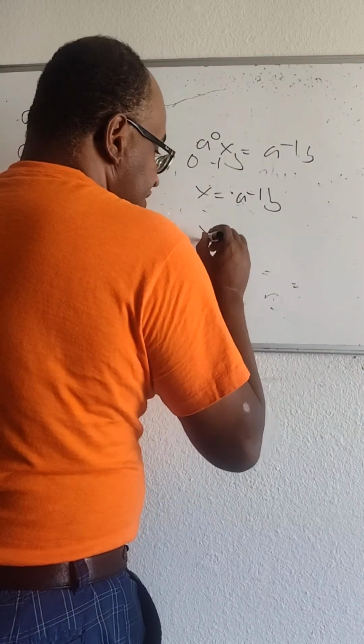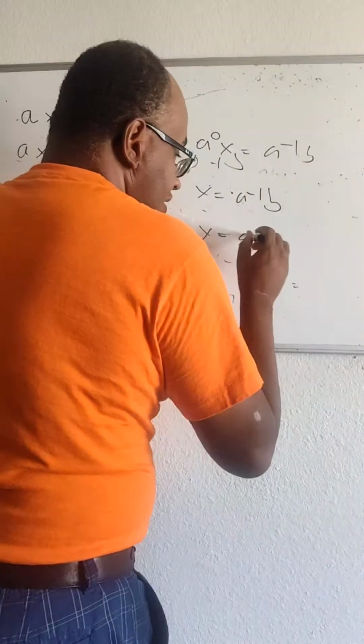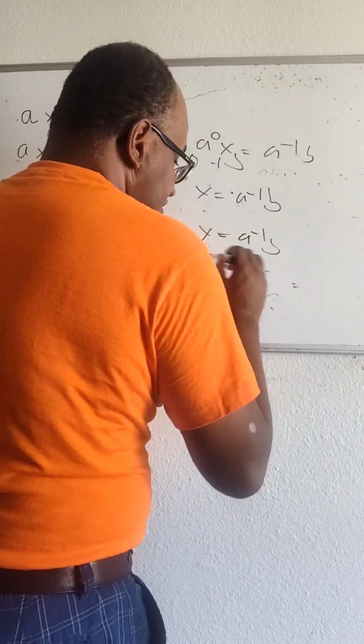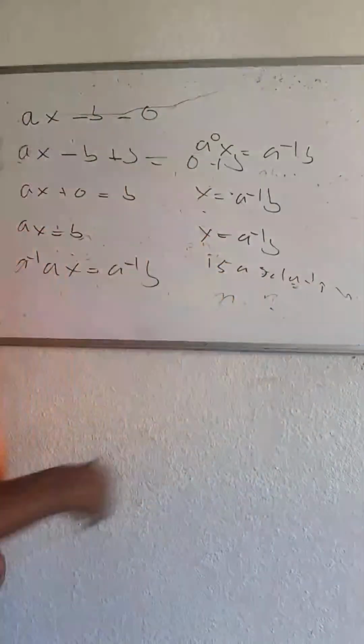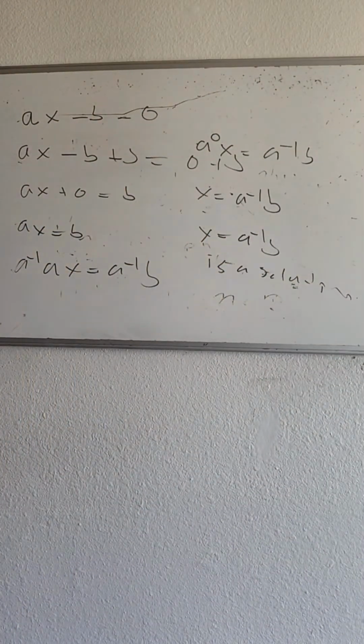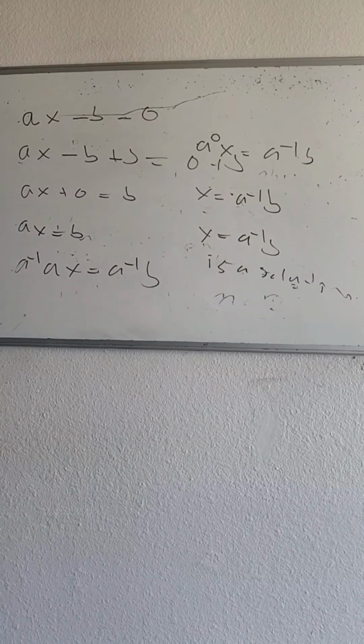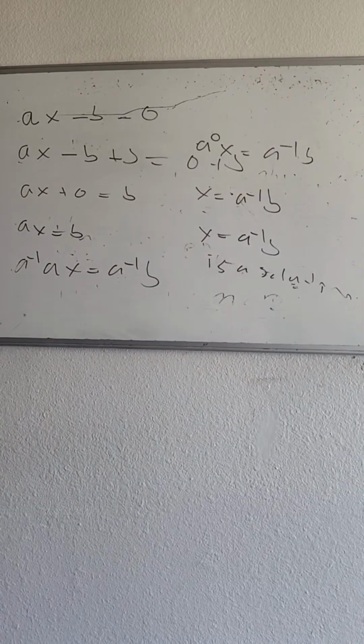So we say x equals a to the negative 1 b is a solution to that polynomial, right? Which is true. We have to go through all the properties to prove such a proposition.